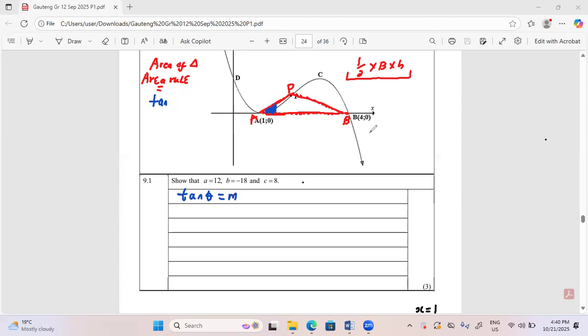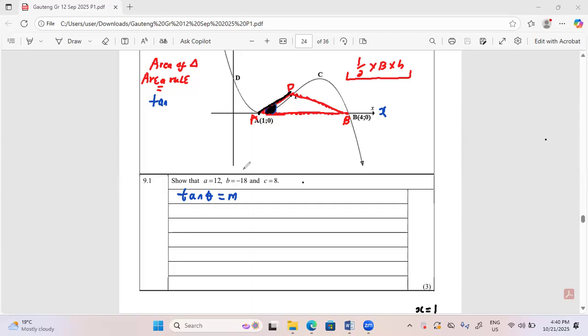If you have a line that touches or passes through the x-axis, it's easy to find the angle between that line and the x-axis. So we just say tan theta equals M to find the angle between the x-axis and the line AP.